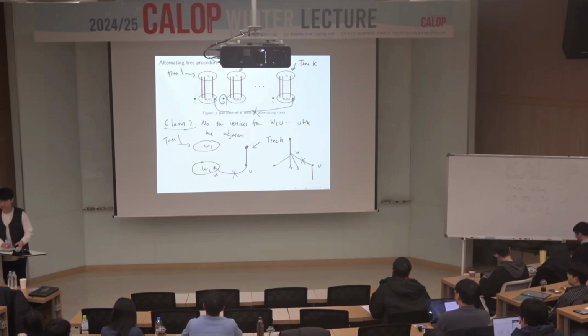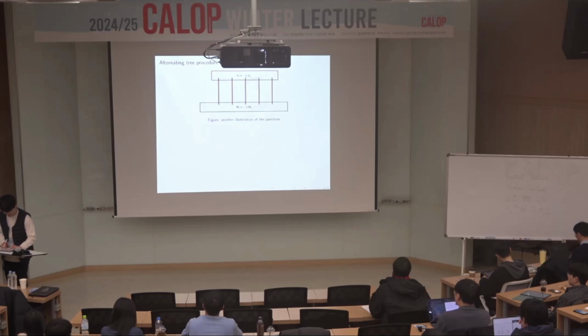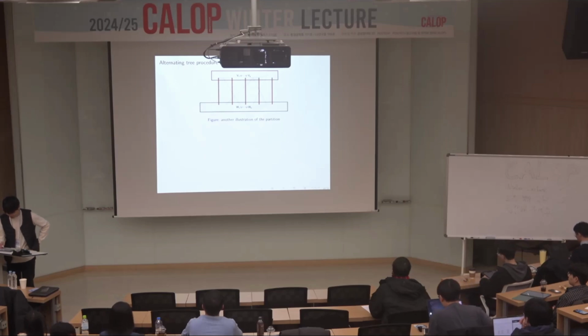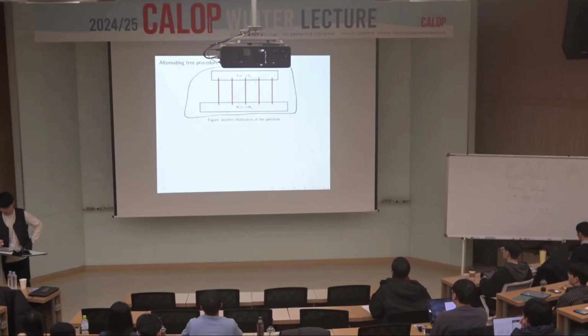So if you have all these claims, then we have this graph. Basically, we have this graph that's enumerated by this tree structure, and there's no edge between two vertices at the bottom. We don't have one edge like this.